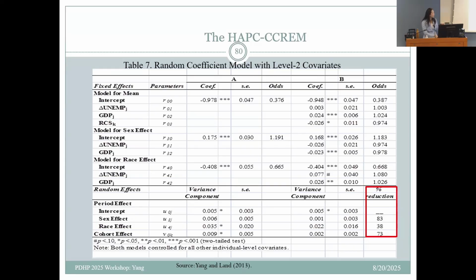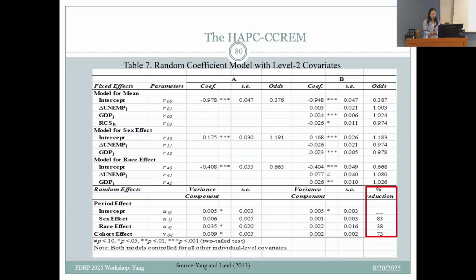But for sex and race effects, GDP explains away 83% of the variance in sex effect, although the sex effect is not significant to begin with. It also explains about 40% of the race gaps in happiness over time. And relative cohort size explains 73% of cohort variation in happiness, that single variable.